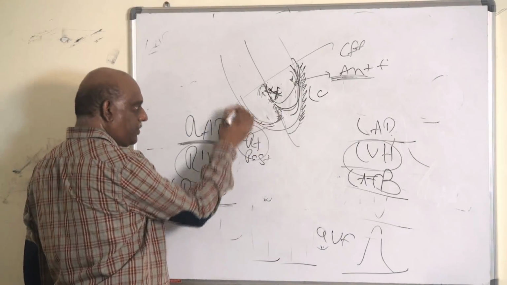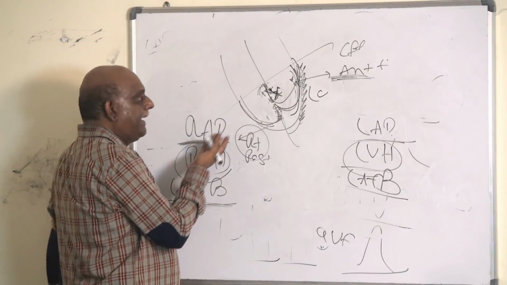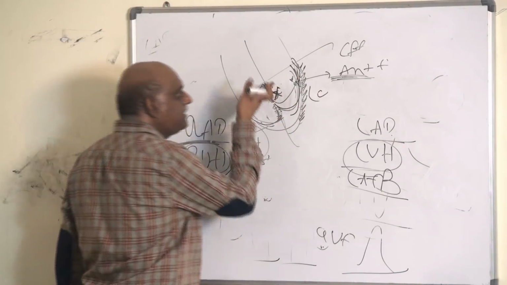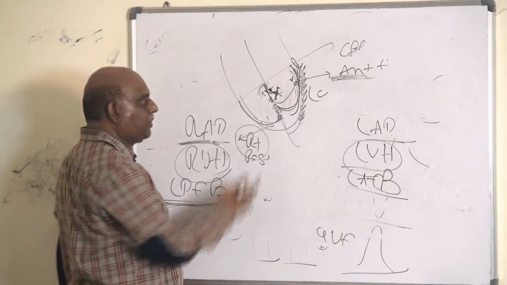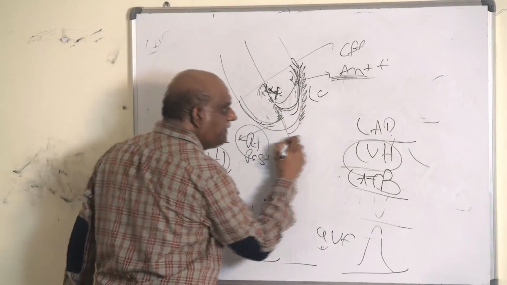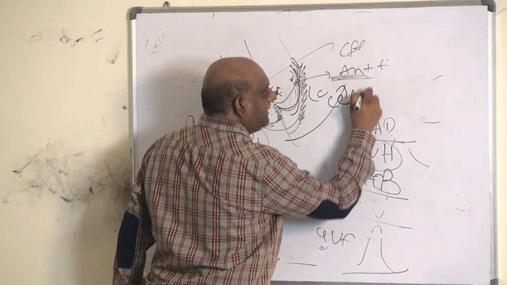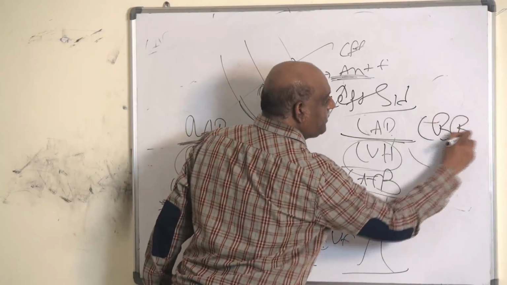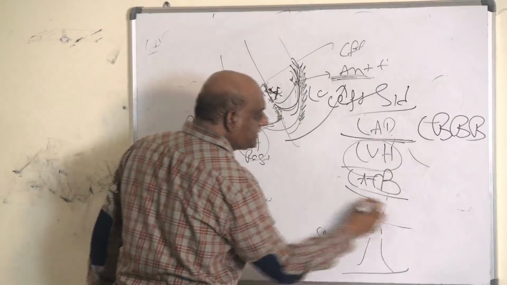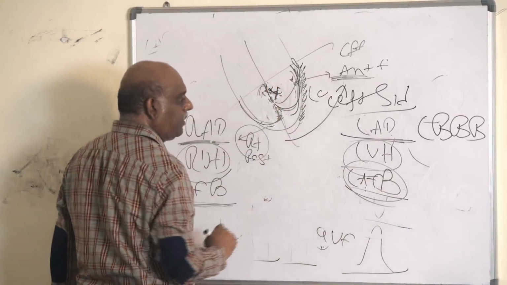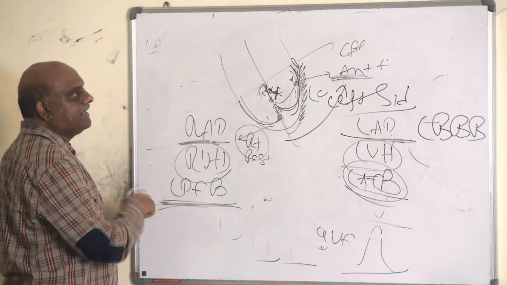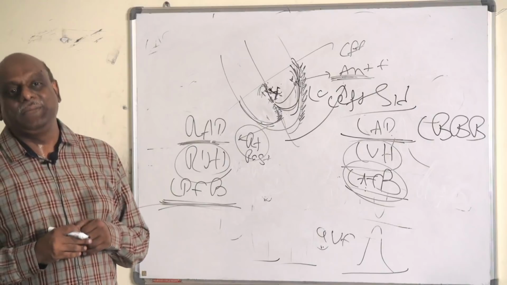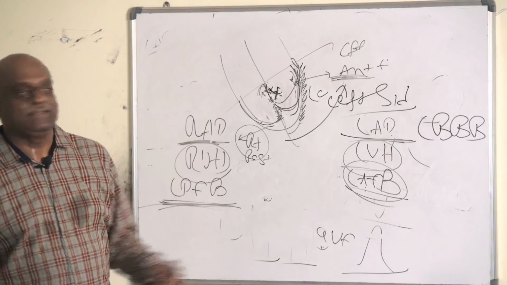The right bundle should finish its job and then it should go and supply all the area which is otherwise supplied by the left bundle. So what is happening? The entire electrical activity is deviating towards the left side. So you get a left axis deviation in left bundle branch block, left axis deviation in left anterior fascicular block, but right axis deviation in left posterior fascicular block. This is what you need to emphatically remember, doctor.